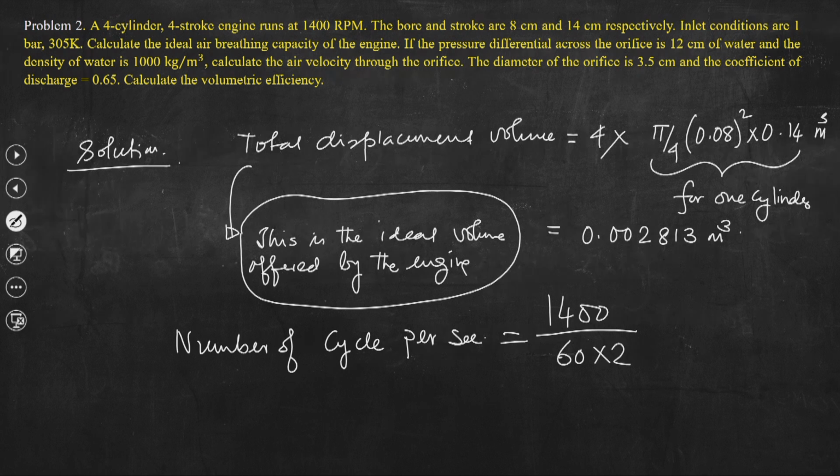From the speed data we get the number of cycles per second, and that is coming as 11.66.